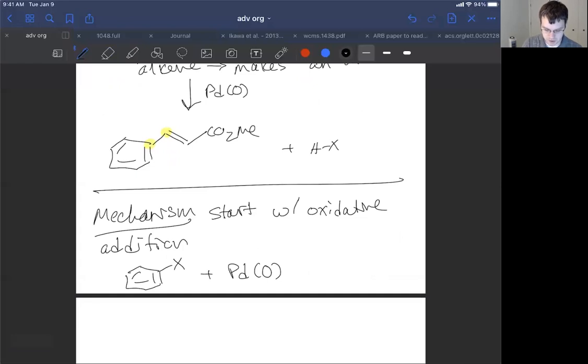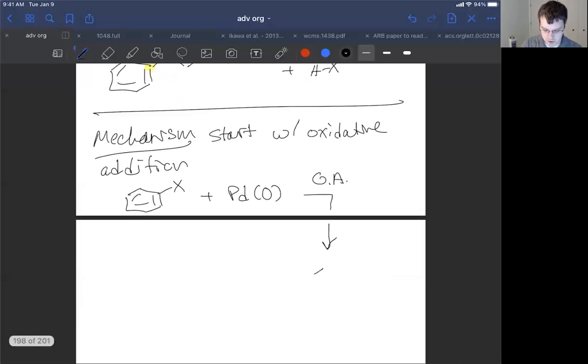Now, this is going to undergo an oxidative addition event where the palladium squeezes in between the carbon-halogen bond. When we do that, we're now in the +2 oxidation state on palladium.